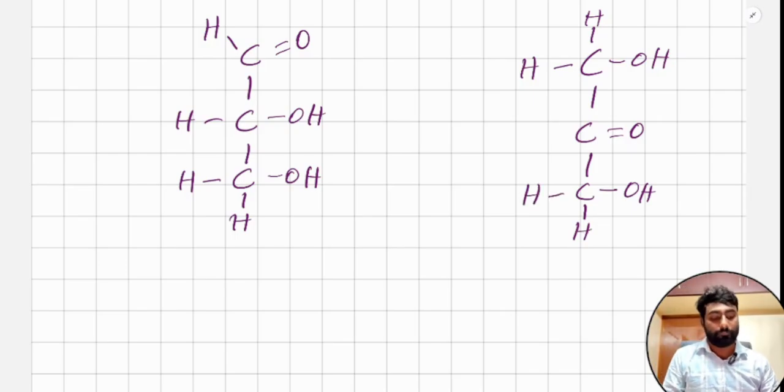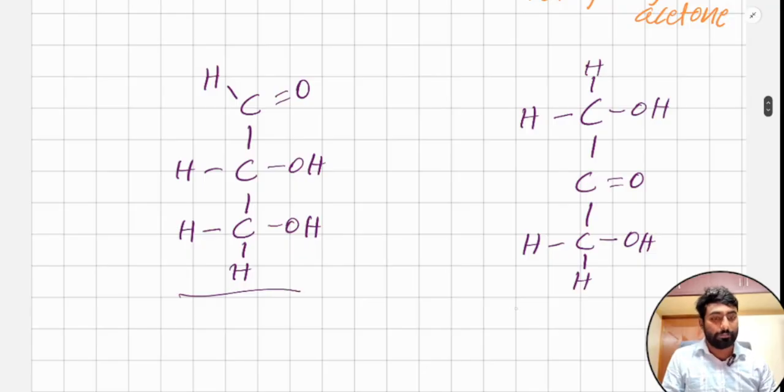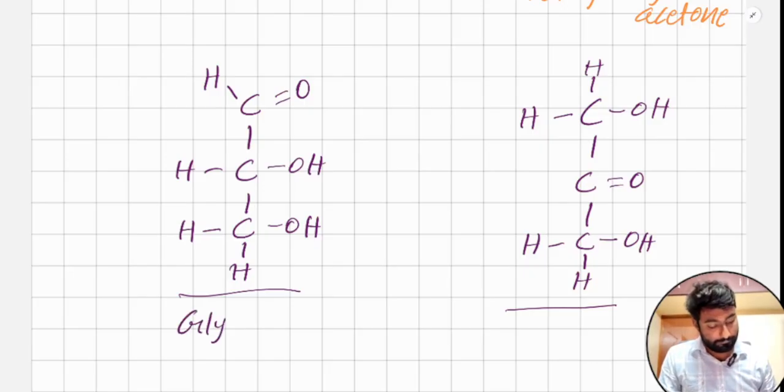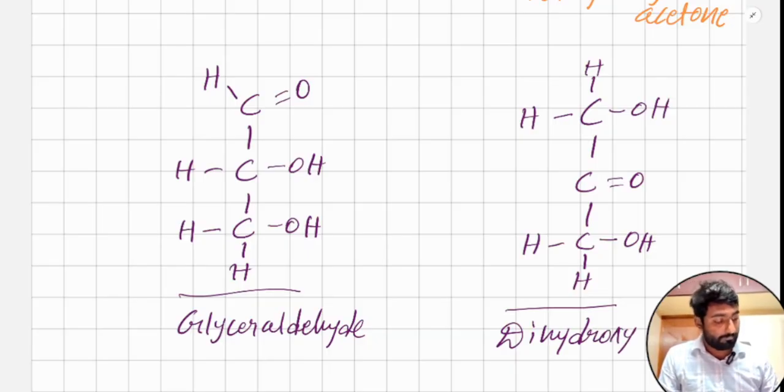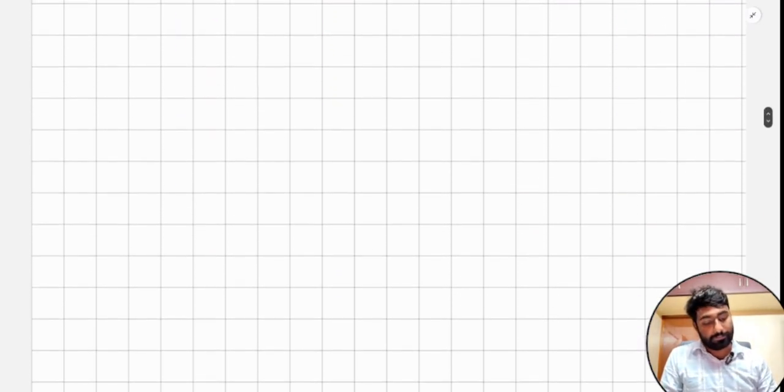Okay, this is the structure of glyceraldehyde and this is the structure of dihydroxyacetone. Okay, very good. Now we will see the classification of carbohydrate monosaccharides.